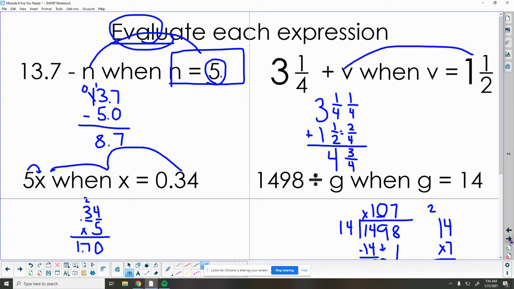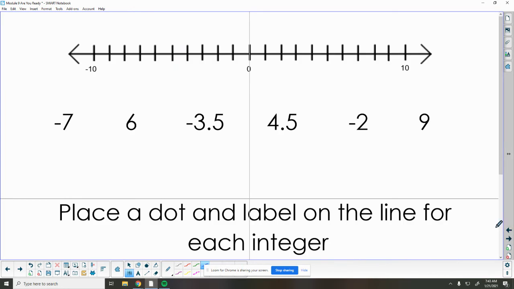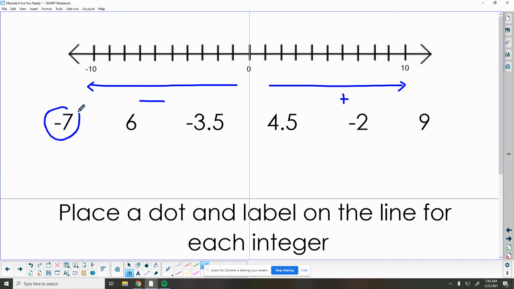The other thing we're going to be discussing is integers and putting them on number lines. So we're going to place a dot and label each one on this number line. Remember, always to the right is our positives, always to the left is our negatives. That is true every single time. So we have -7.